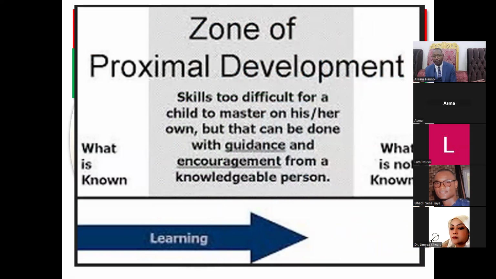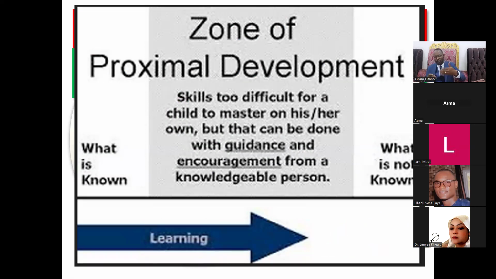Zone of proximal development: skills too difficult for a child to master on his or her own. So here we need someone to take the lead. The first teachers for us as human beings are our parents, right?